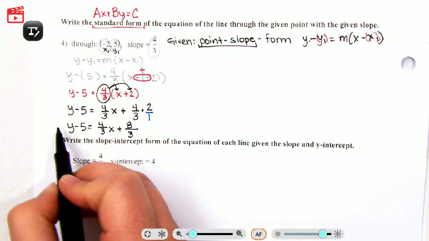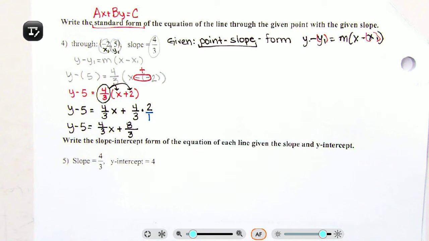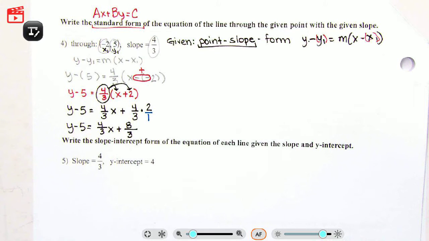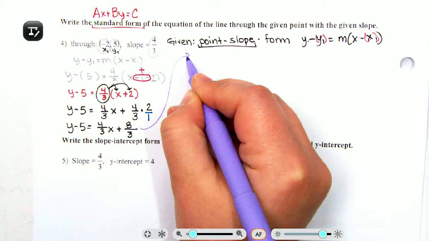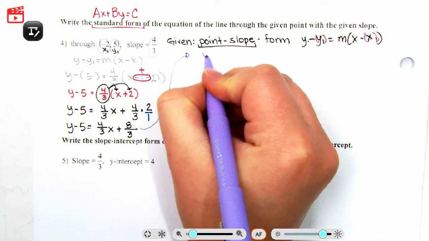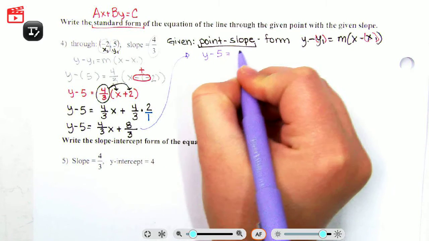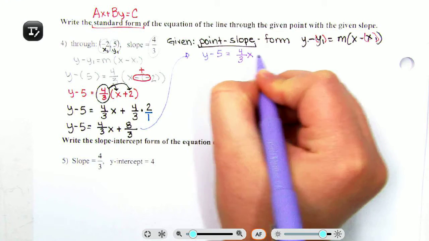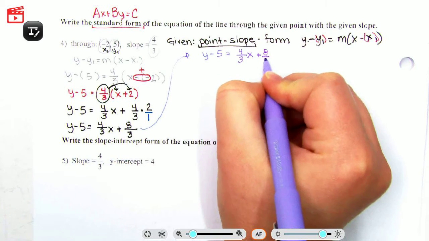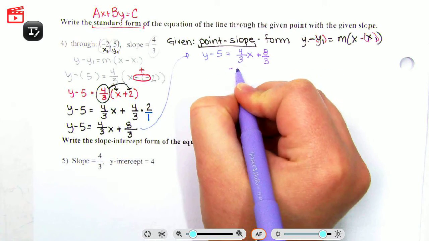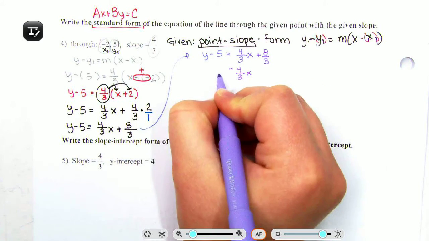So again, are we done? Do we have x and y on the same side? No, we don't. So we continue. I'm going to draw an arrow back up here. Okay, so how do we get x and y on the same side? This part is actually similar to the question we did before. I'm going to subtract 4/3 x.